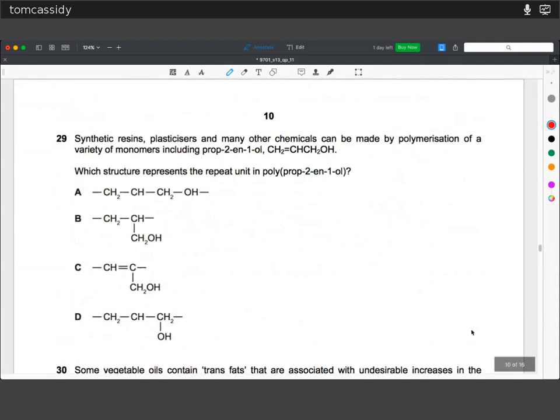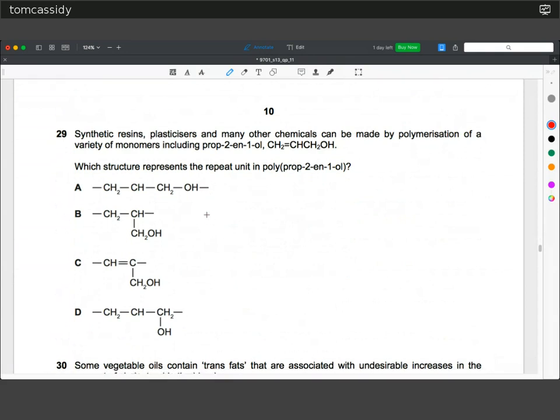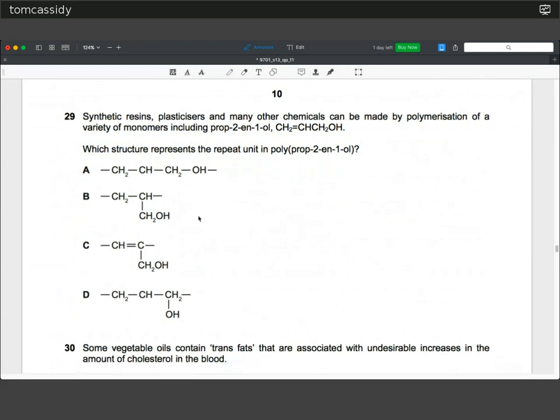Okay, very easy. The next one. For these ones, all you have to do is know that, I've lost it. There we go. Okay. You have to know that when you have a double bond, it doesn't really matter what these things are on here, that's a double bond.